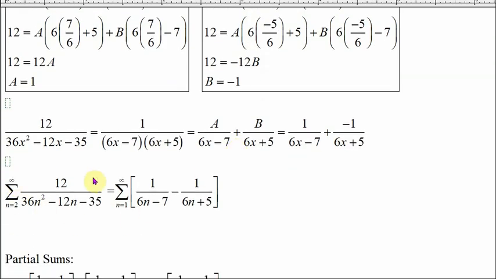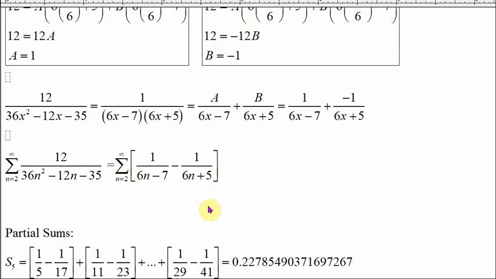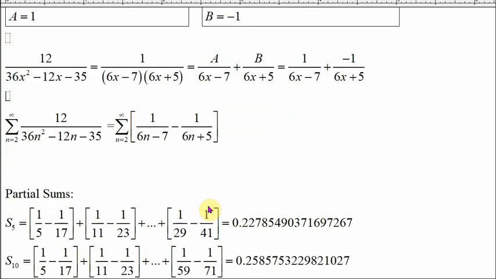So here's our original series. Now we can rewrite this as the series with the expression 1 over 6n minus 7 minus 1 over 6n plus 5. And now let's form some partial sums.